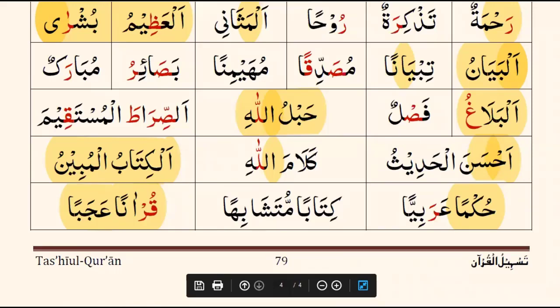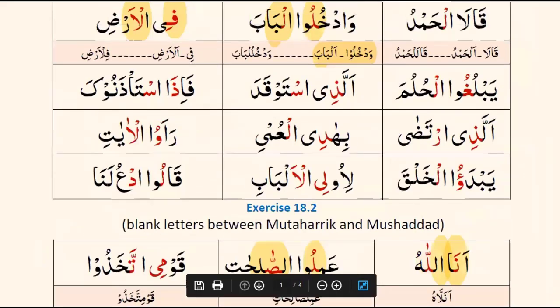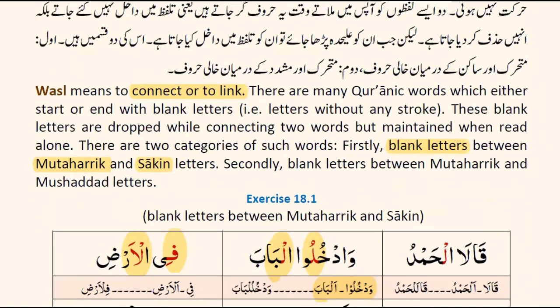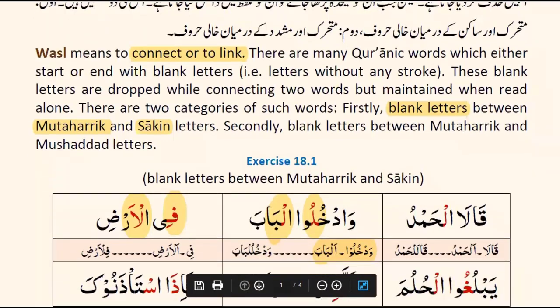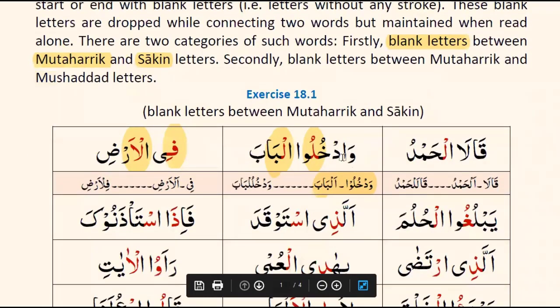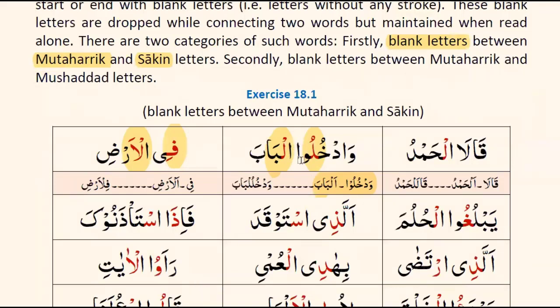So now we are reaching towards the end of our class. I would quickly go through the lesson that we have done today. We have revised the rule of wasl. There are two categories. First is when a blank letter comes between a mutaharrik and a sakin letter. And the second is when a blank letter comes between a mutaharrik and a mushaddad letter. So we practiced today that during recitation, we do not recite the blank letters that come in between, which do not have any strokes.